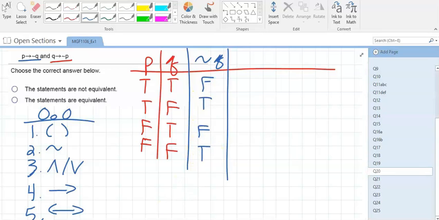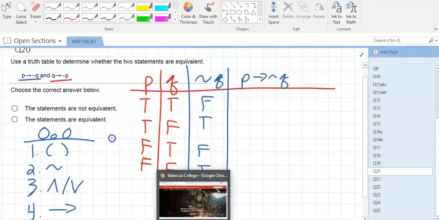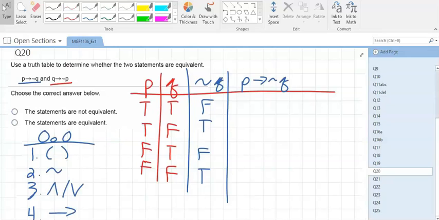And then, do I have any ands or ors? Nope. Do I have a conditional? So now we're actually taking care of the rest of it. P, conditional, negate Q. So who is the antecedent according to that conditional? P. That's my antecedent. Who is the consequent then?